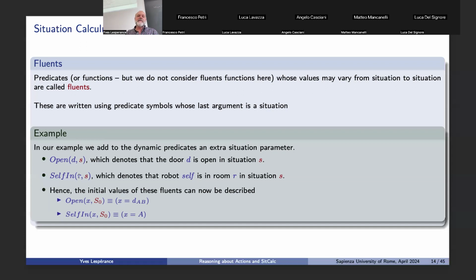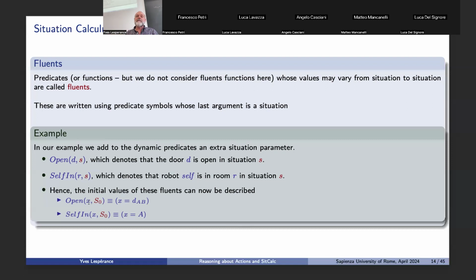The agent self is in room R in situation S. Initially, so in S0, the only open door is DAB. In S0, the initial situation, the agent self is in room A. But if I look at the situation, for example, do go to B as 0, what has changed?